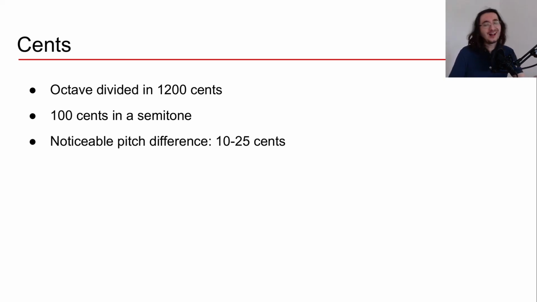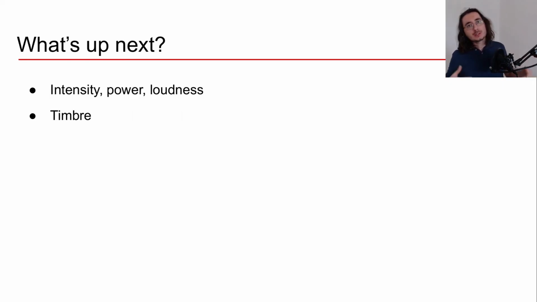Okay, cool. So by now you should have a fair understanding of what sound is, what a waveform is, and everything that has to do with frequency and pitch. So next time we'll continue delving into sound and all the different parameters which describe sound.